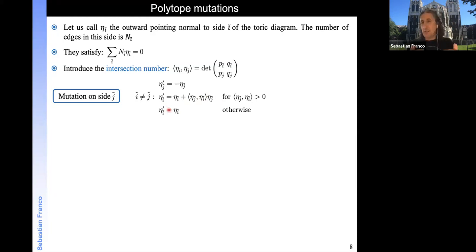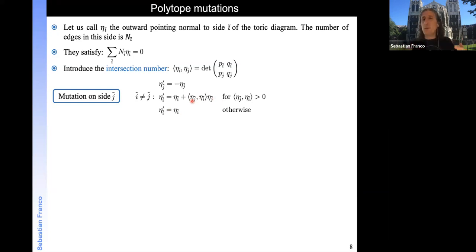And there is an alternative to this transformation in which you consider the edges that have negative intersection, which has the same formula, but you replace the intersection by minus the intersection.